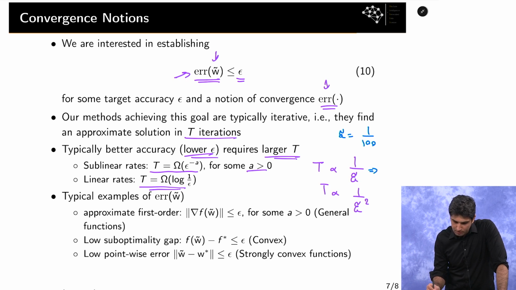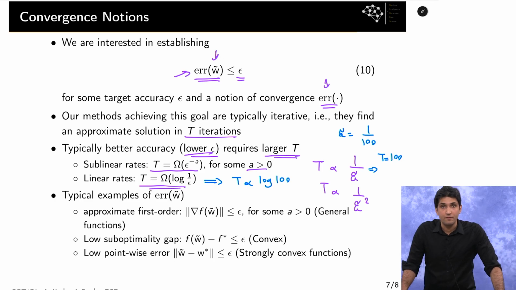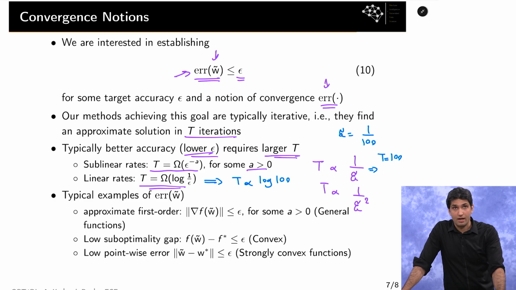Then this rate implies that you have to run your algorithm for T equal to 100 iterations. Whereas the linear rate says that you have to run your algorithm for something like log of 100, okay? Which is significantly smaller, okay? So therefore, we prefer algorithms that enjoy linear rates compared to sublinear rates.